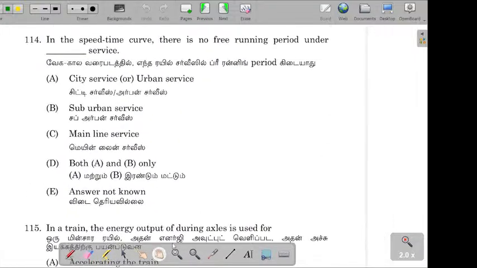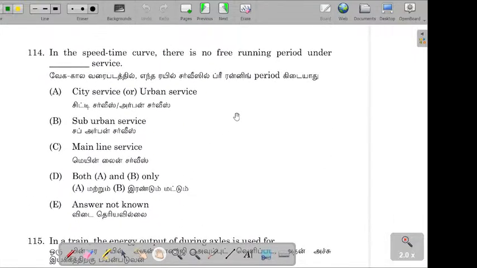Then question number 114. In the speed time curve, there is no free running period under dash service. City service or urban service, suburban service, mainline service.